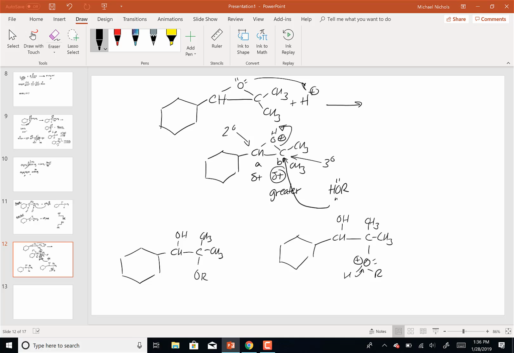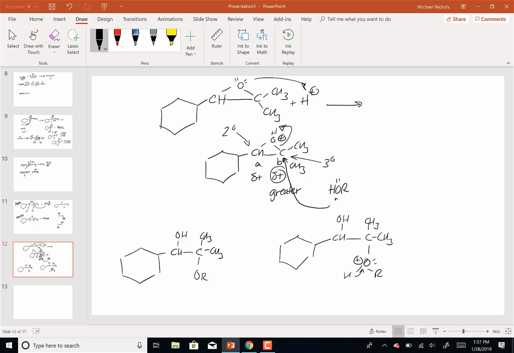You think it's SN2? Anybody think it's SN2? Why do you think it's SN2? Because it's like having the multiple steps, like the triangle and then the HOR adding. They're doing backside attack? Yeah. So there is that SN2 characteristic of the backside attack.